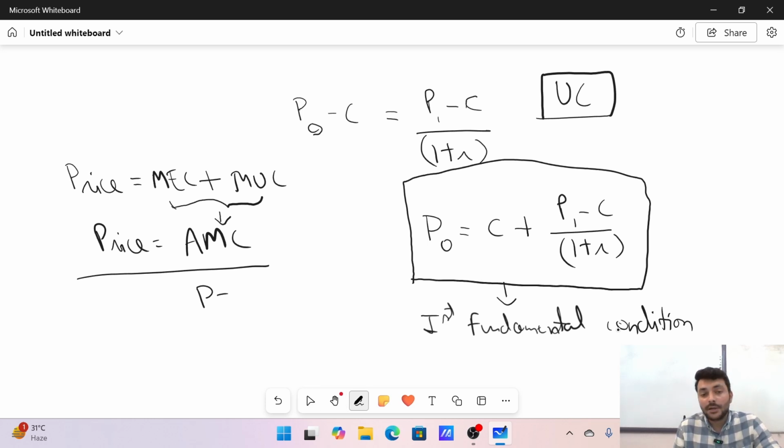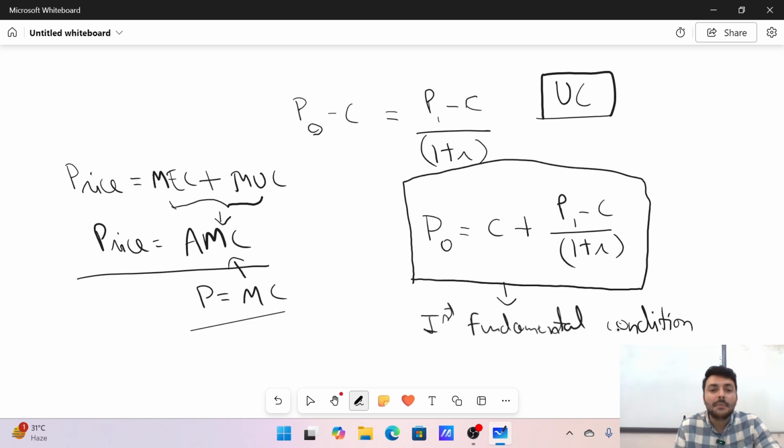So you see, for a producer, the optimization requires that price should be equal to the marginal cost. The same thing is here in case of exhaustible resource as well, but we are making certain adjustments in case of marginal cost. Marginal cost becomes augmented marginal cost in case of exhaustible resource.